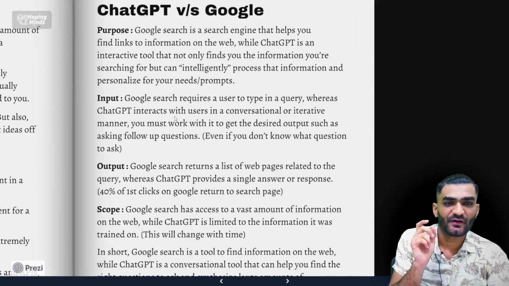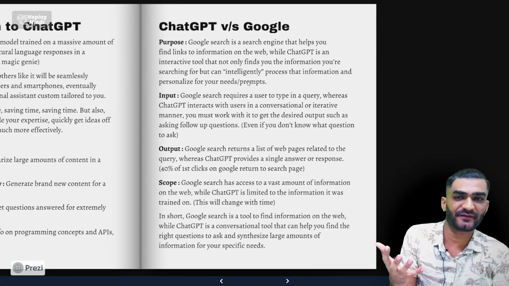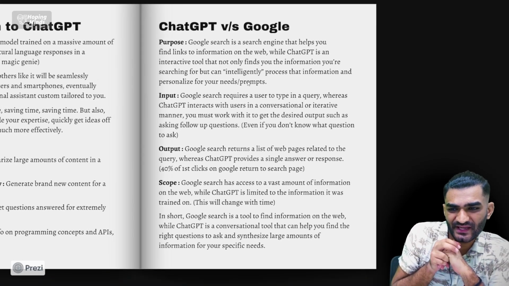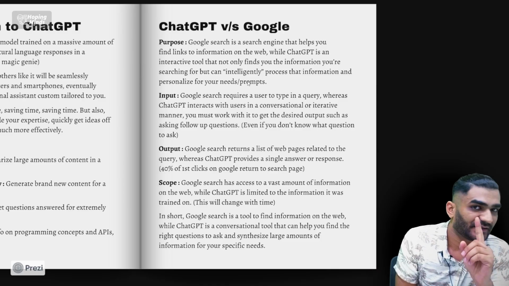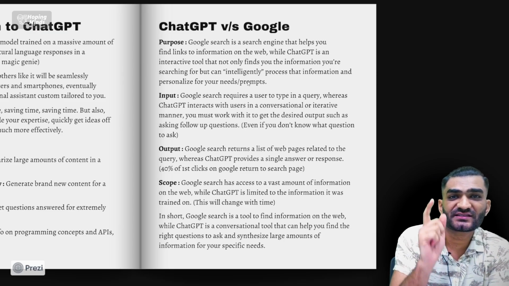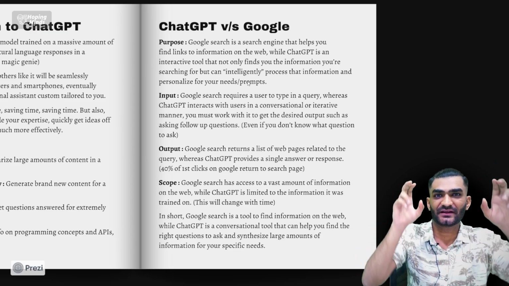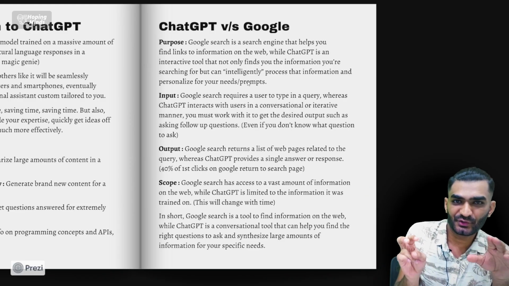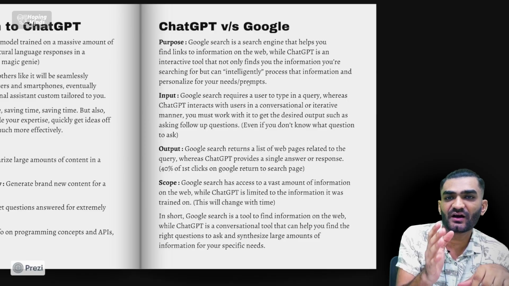Now, let us see what is the difference between ChatGPT and Google, and how they both are different. We all know Google is a search engine, but ChatGPT is not just a searching tool. Mark my words, in bold letters, capitalized, whatever you want: ChatGPT is not just a search engine.